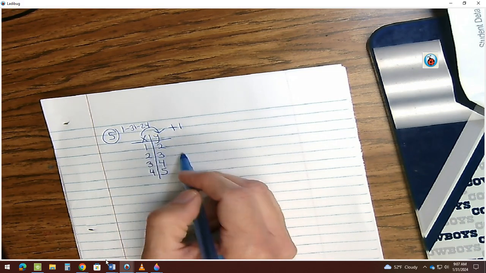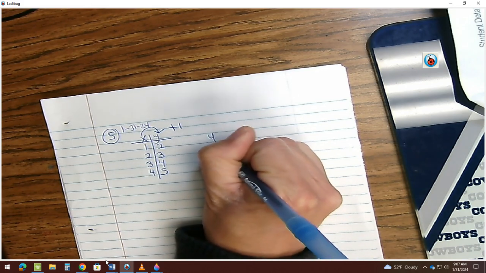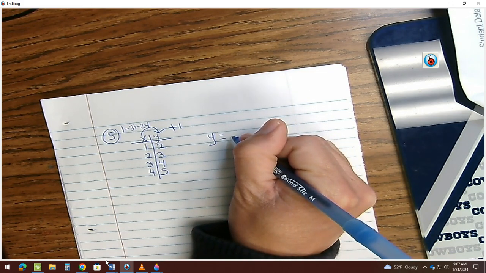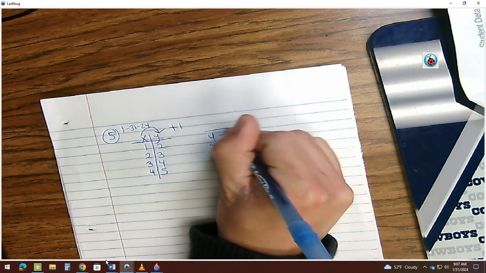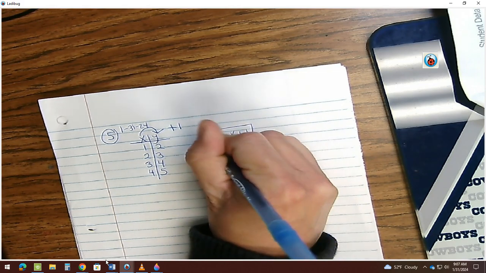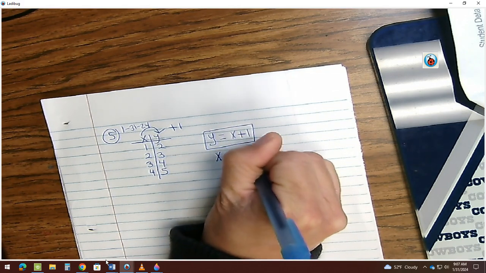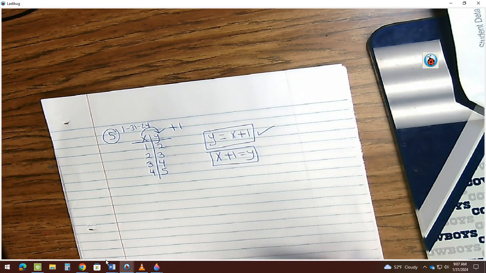Now that I have my rule, my function, I'm going to create my equation. Y equals what? x plus 1. That would be my answer. If you would go like this, x plus 1 equals y, that would be okay also. But I prefer this one over that one, but both of them are mathematically correct.